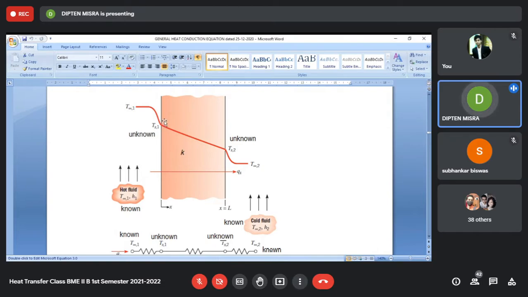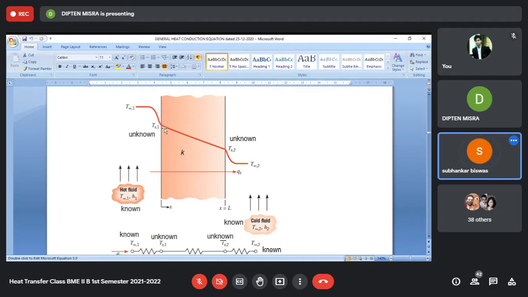Again, the heat has to flow from left to right, so there has to be a continuous drop in temperature across the wall. And again, from the outer surface of the wall, the heat has to go to the colder fluid, so there has to be a continuous drop in temperature from the right hand side surface of the wall to the colder fluid. The heat will flow only in the direction where there is a temperature drop. Is it clear?